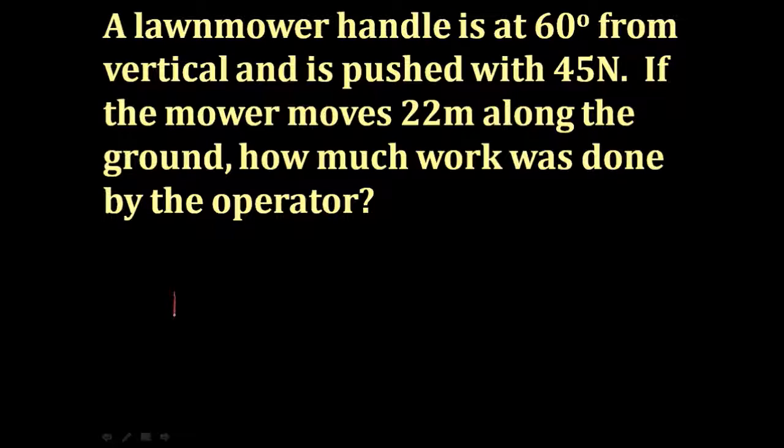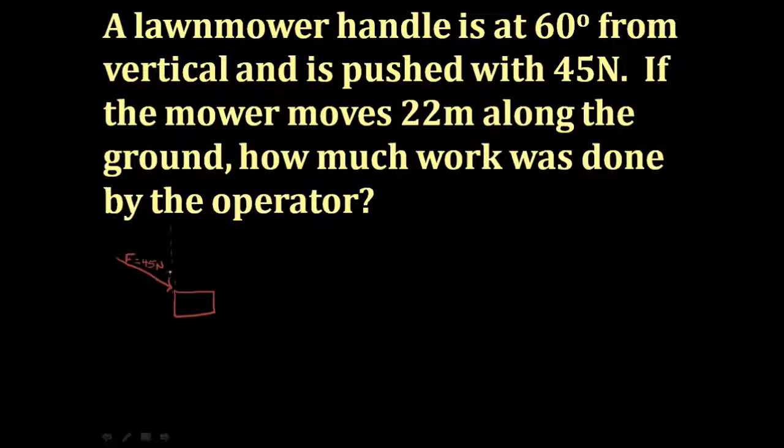So if we sketch a little diagram, here's our lawnmower. Okay, and here's the force. Now I said 60 degrees from vertical. So that means it's going to be looking like this. Okay, so there's our force, which is 45 newtons.